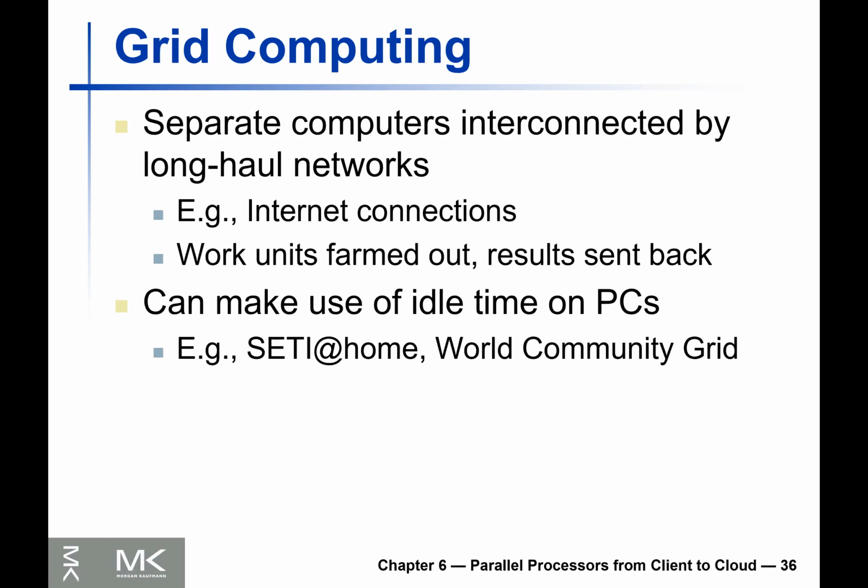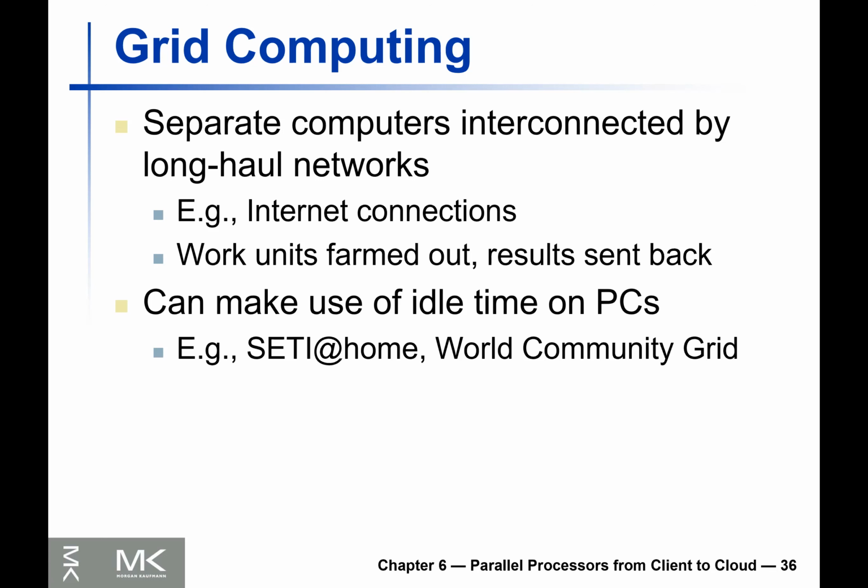Grid computing: separate computers interconnected by long-haul networks. Okay, internet connections, work units farmed out, results sent back. Now we are talking about independent computers, a network connected together. The connection happens through internet connections, as I said, and the hardware is Ethernet.